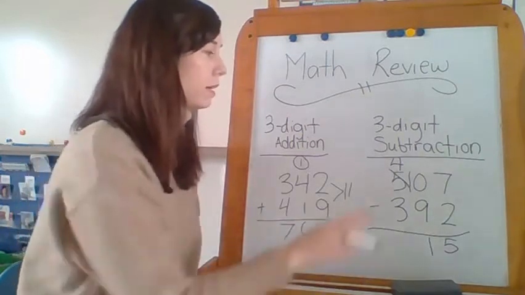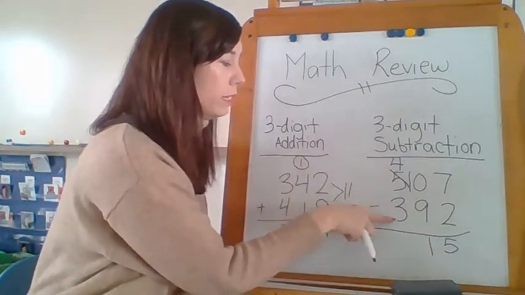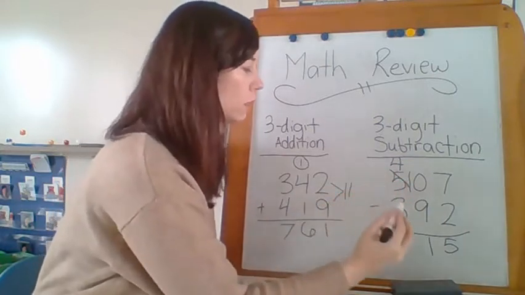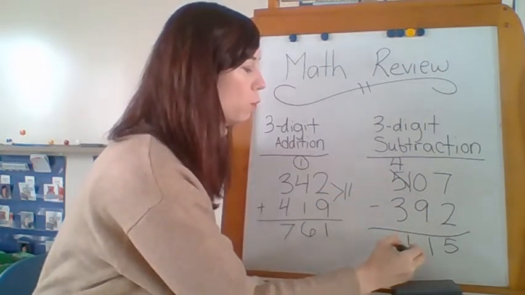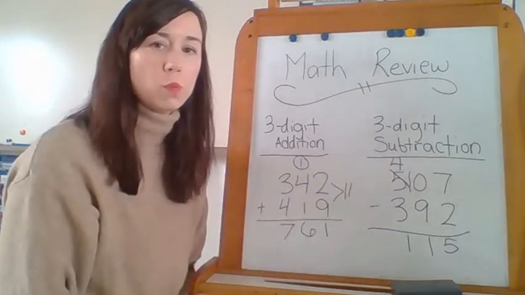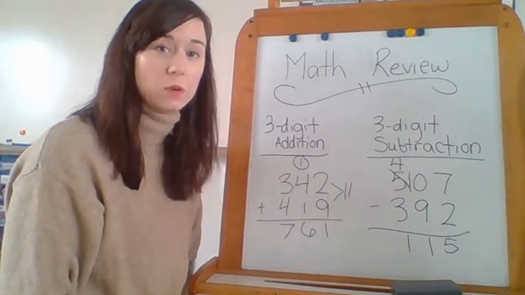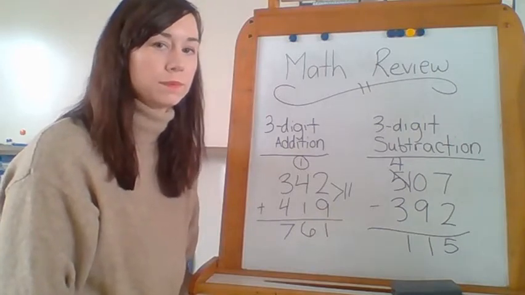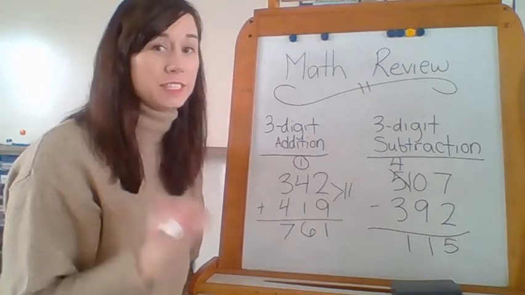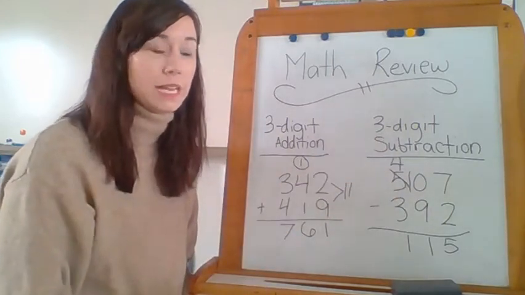So I'll put that there. Now, can I solve 4 minus 3? I can. So 400 minus 300 would be 100. So I only ungrouped one time here. Can you tell me, did I ungroup the tens or the hundreds? If you said hundreds, you are correct. I ungrouped the hundreds to give to the tens.